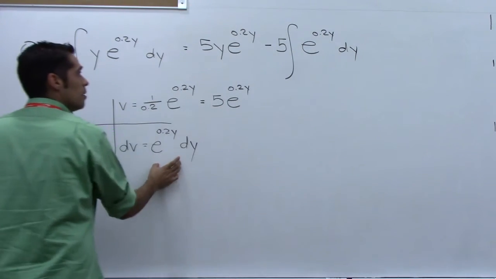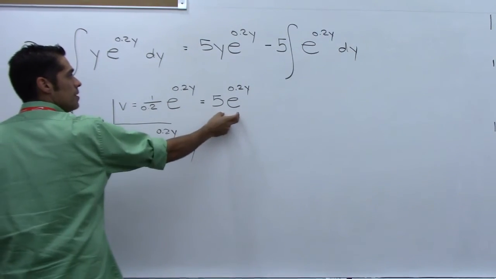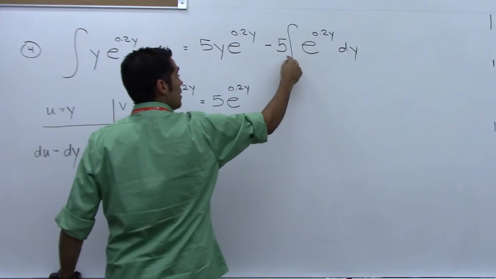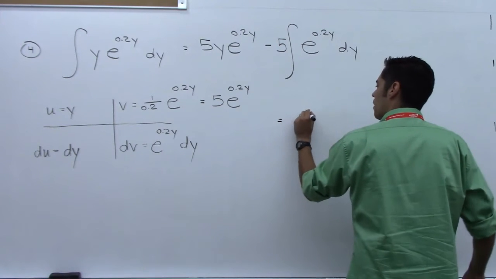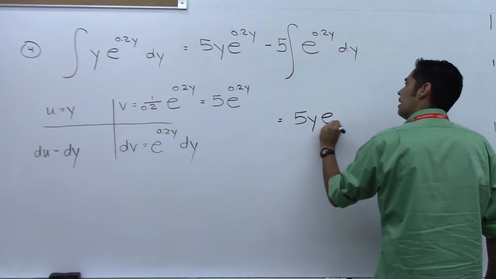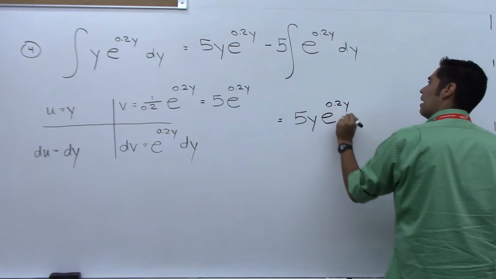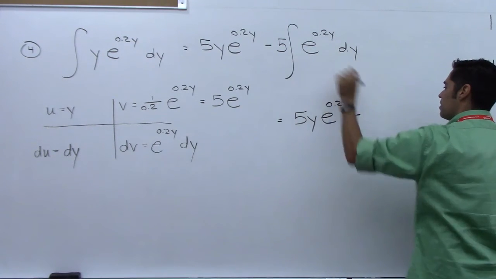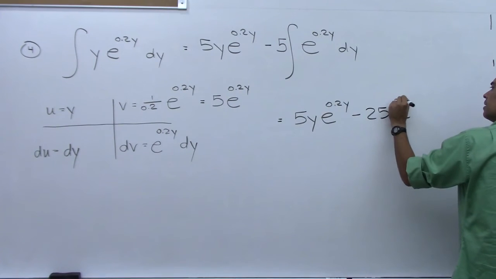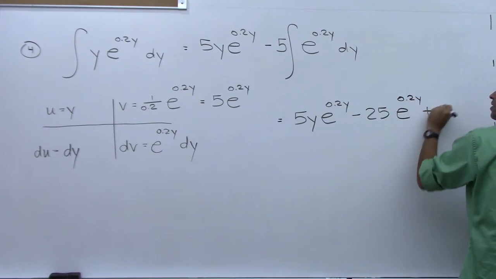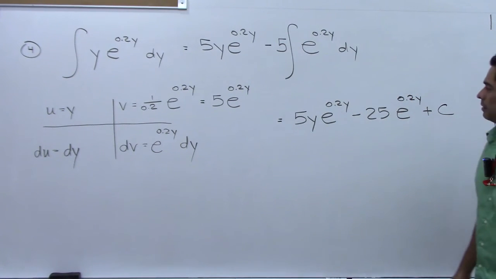We know it's going to pop this out, so I'm going to have another 5 come out with that. So our answer will be 5y e to the 0.2y minus the 5 times the 5, so 25 e to the 0.2y plus c. That's it.